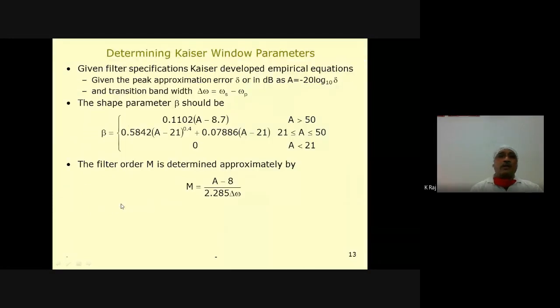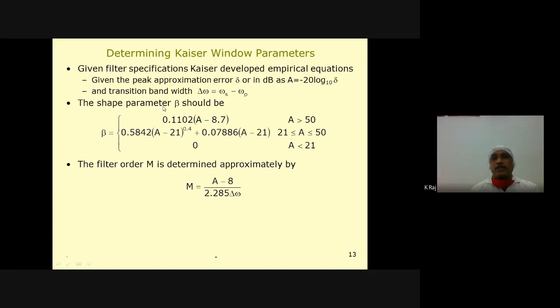Now, to determine the Kaiser window parameters in terms of beta and M for the given filter specification, Kaiser developed empirical equations. Given the approximation error delta, A in dB will be −20 log10 delta, and the transition bandwidth is the gap between the stop band and pass band edge frequencies.